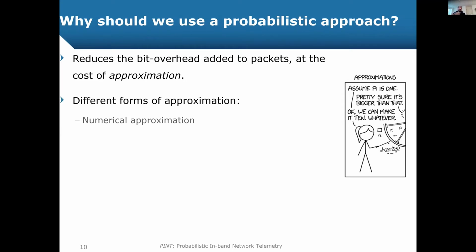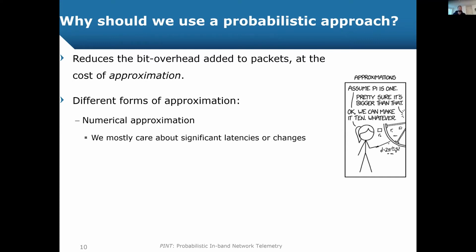The first is numerical approximation, so maybe I will not tell you what was the exact latency that you asked me about, but I will give you a good approximation of it. And this is usually okay because we only care about significant latencies or when the latency changes a lot, and we can actually capture that.